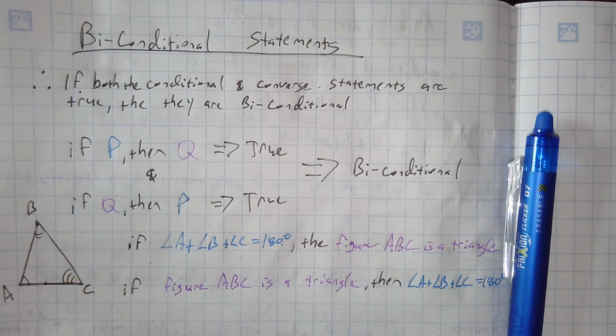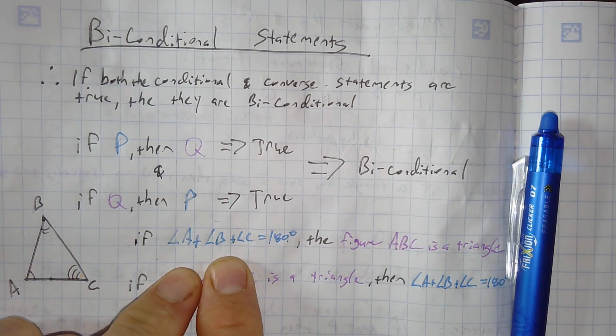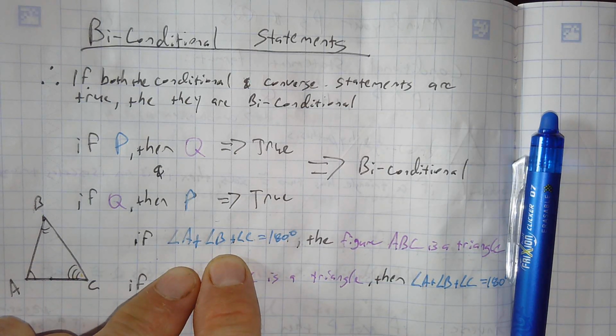Now let me give you an example of one that isn't true, a conditional statement that's not biconditional. But first, let me add one more thing to this. I could make this statement even better, because it's biconditional, if I use the if and only if statement.